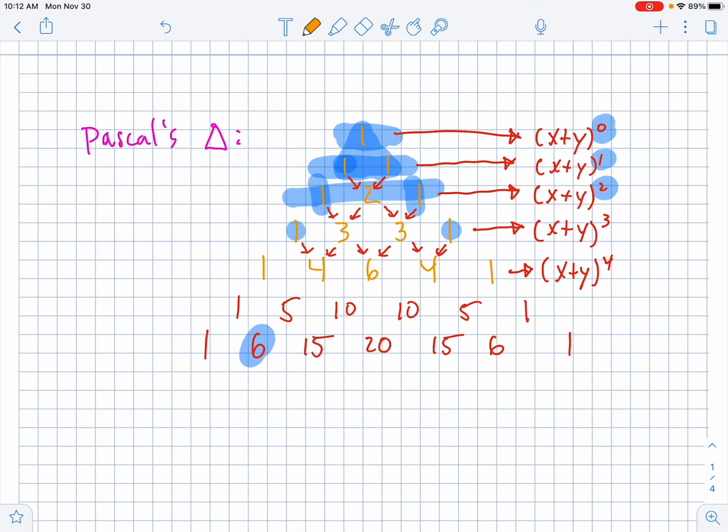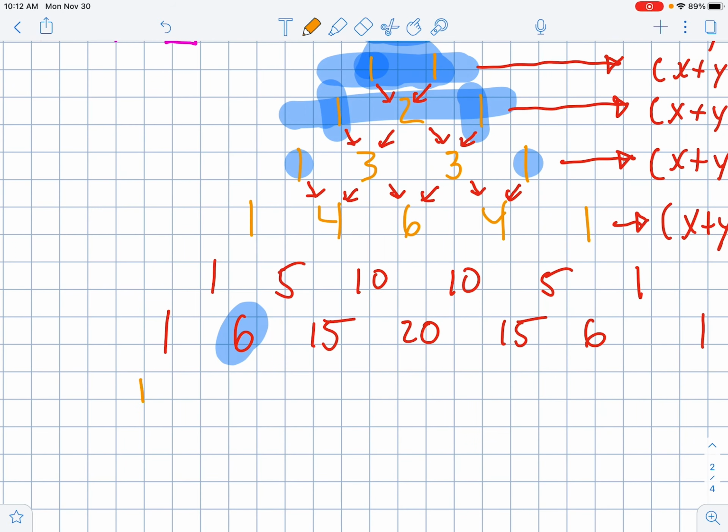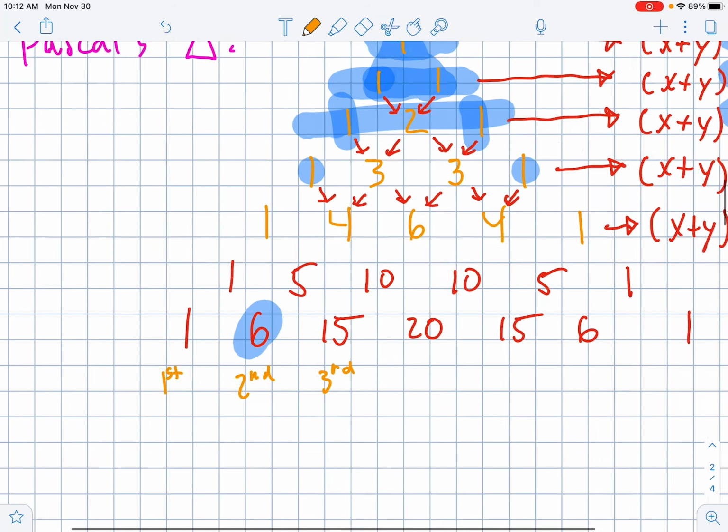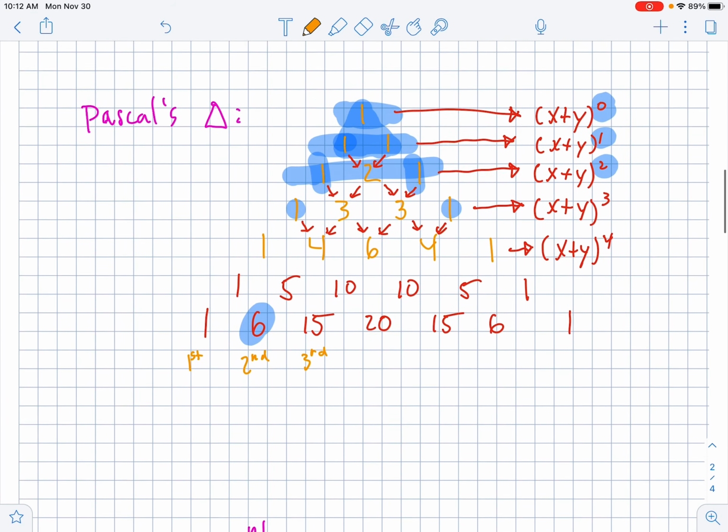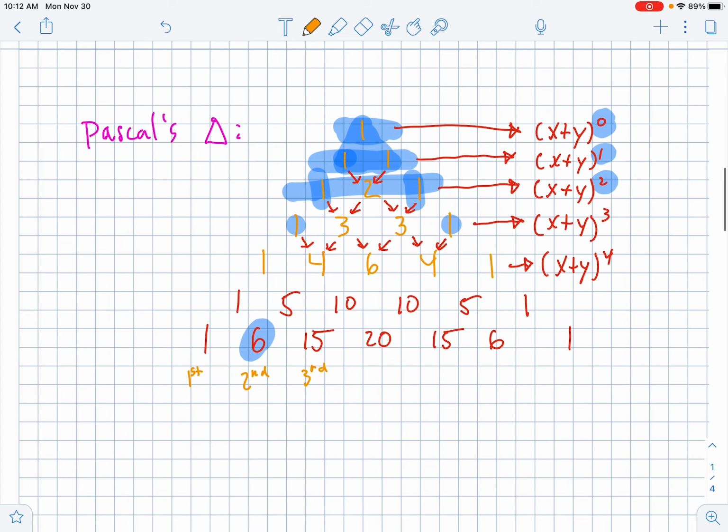Also, in here, this is the first term, and this is the second term, third. That's going to come into play soon. The thing that's annoying, but it's awesome that Pascal's triangle is this shortcut to get to the coefficients.